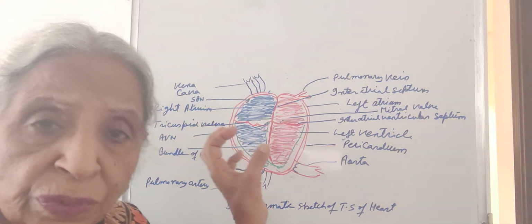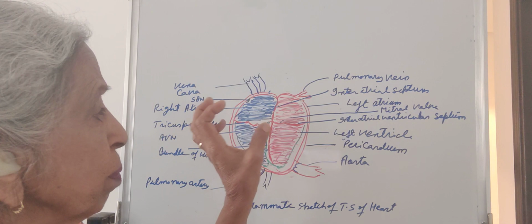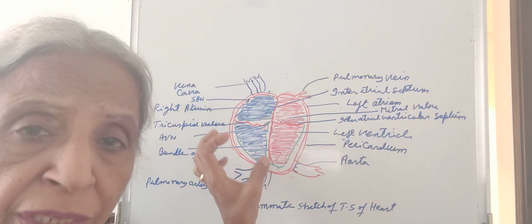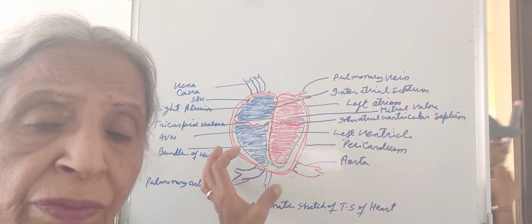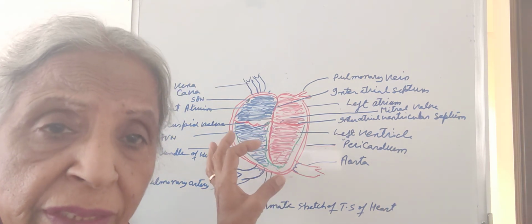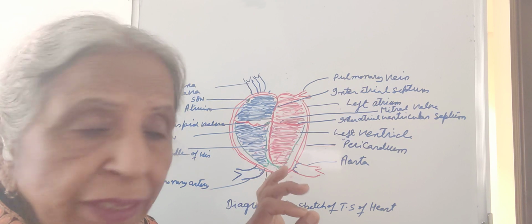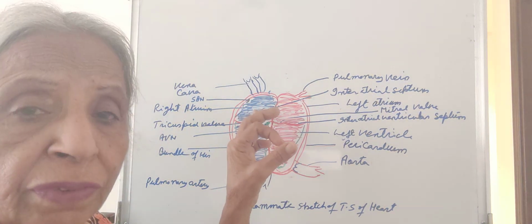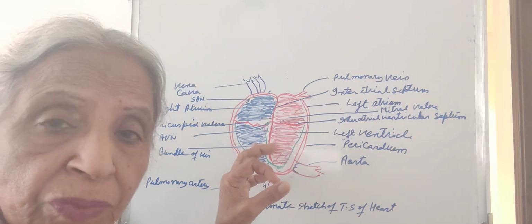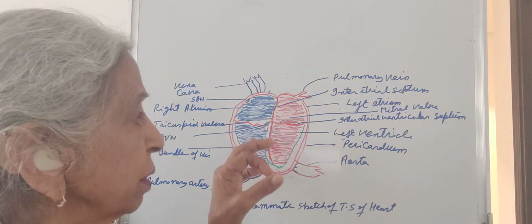By the contraction of these auricles, the blood is passed from the atria, from the auricles, to their respective sites in the ventricles. That is, from the right auricle, right atrium, impure blood will be passed into the right ventricle.